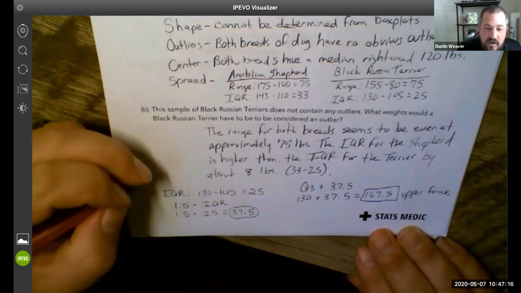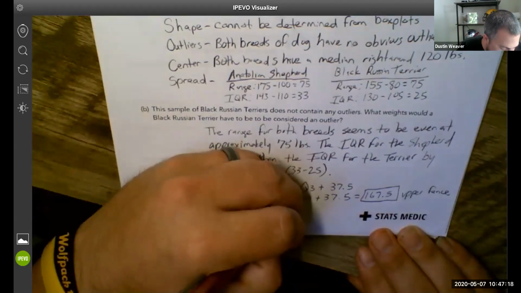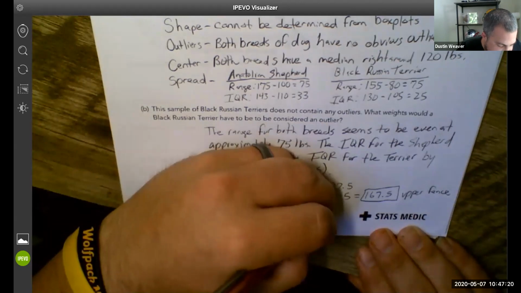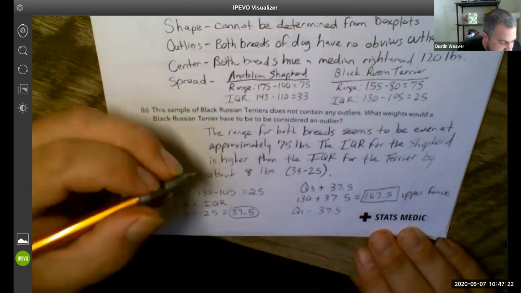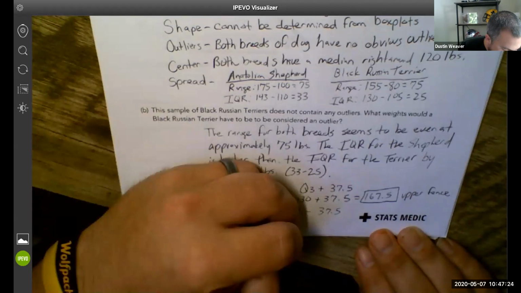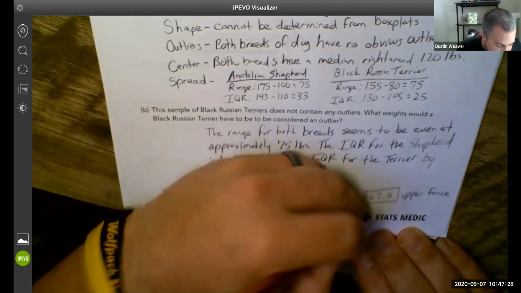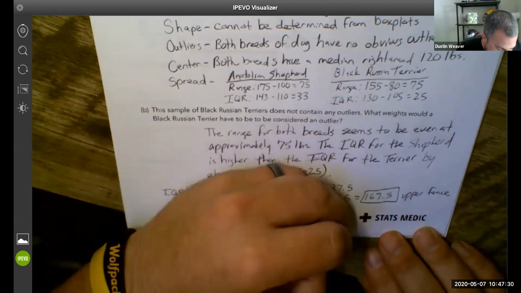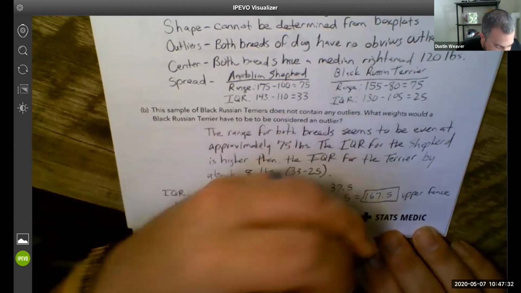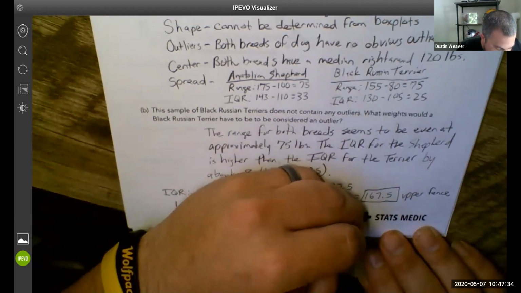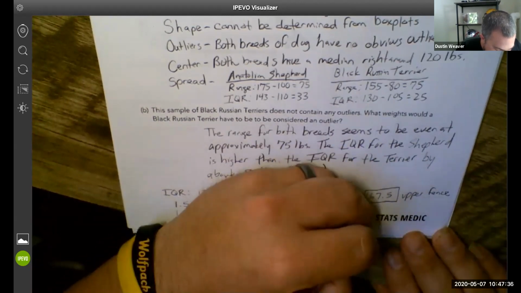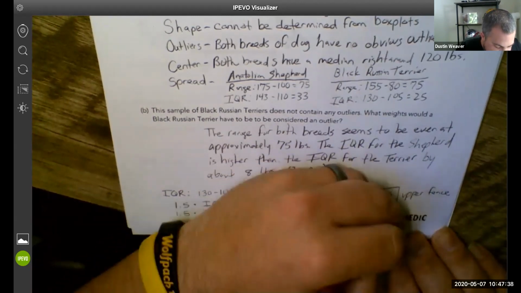And then we would take that number and subtract it from Q1. So Q1 minus 37.5. Q1 is 105. So 105 minus 37.5 gives us 67.5. That is our lower fence.